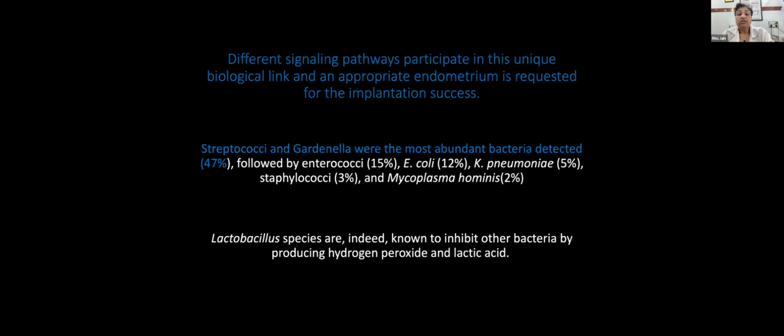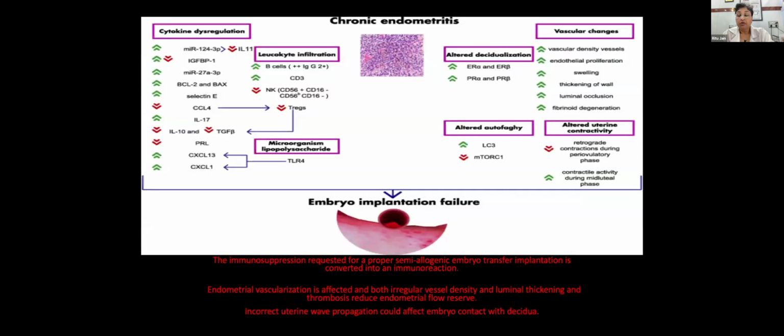Although lactobacillus species are only 10% of the microbiota, they produce hydrogen peroxide and lactic acid and prevent the growth of other microbes. They also make the immunosuppression required for an embryo transfer better, and regulate the cytokines, leukocyte infiltration, autophagy, decidualization, uterine contractility, and definitely the vascular changes.